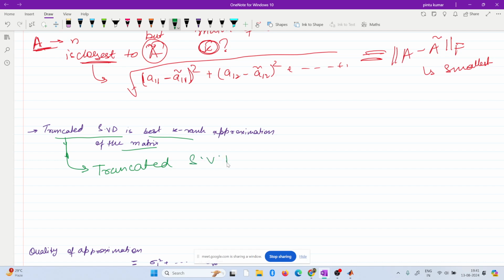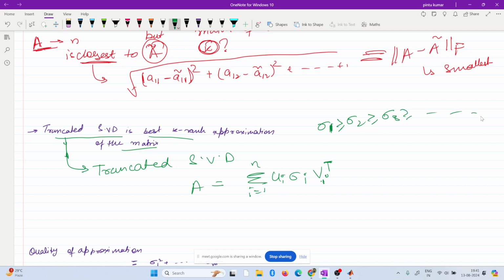I told you that matrix A can be written as the sum from i equals 1 to n of ui sigma i vi transpose, right? Now, let's say you have arranged your sigma i's so that sigma 1 is greater than or equal to sigma 2, which is greater than or equal to sigma 3, and so on.